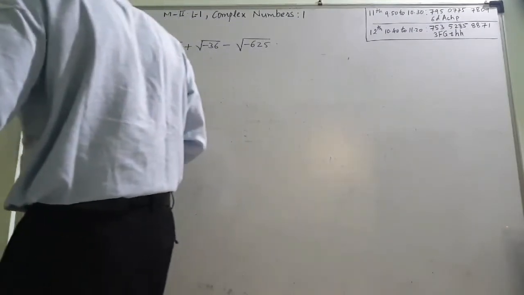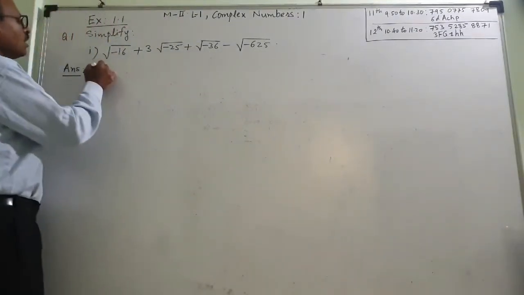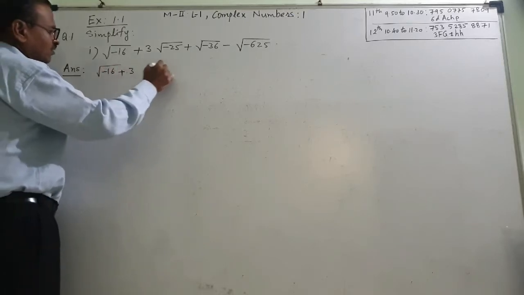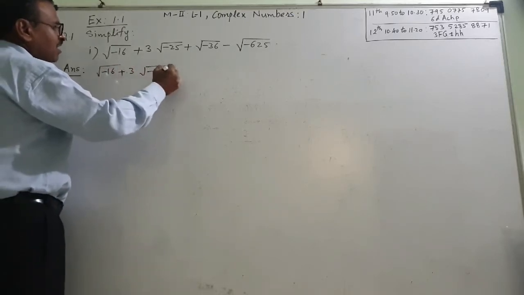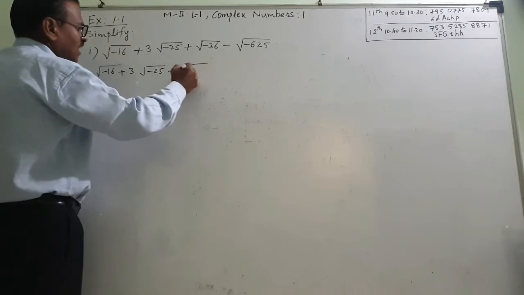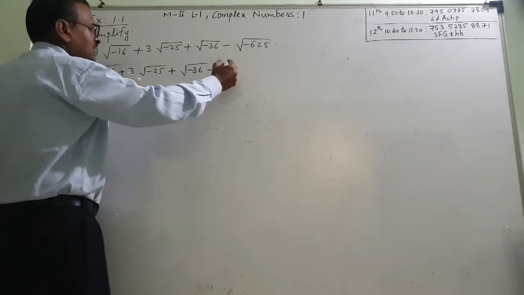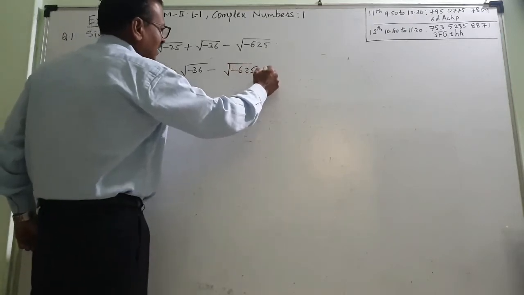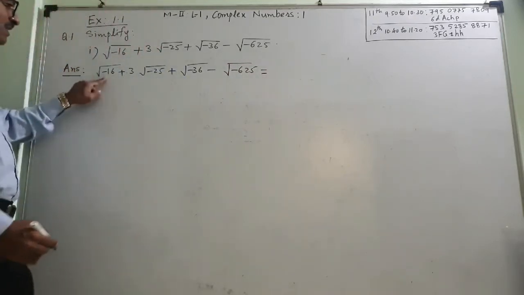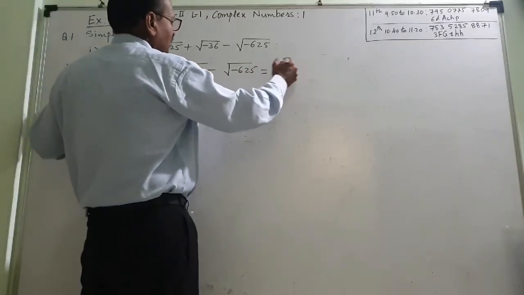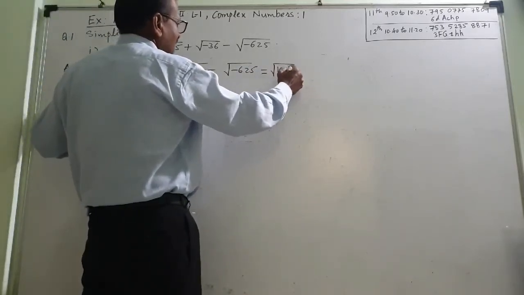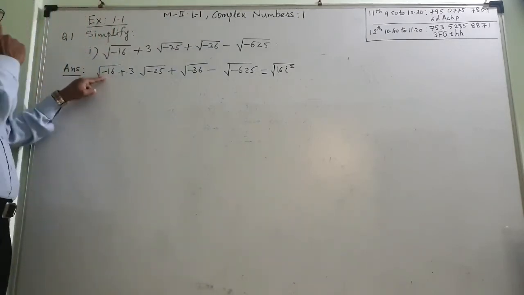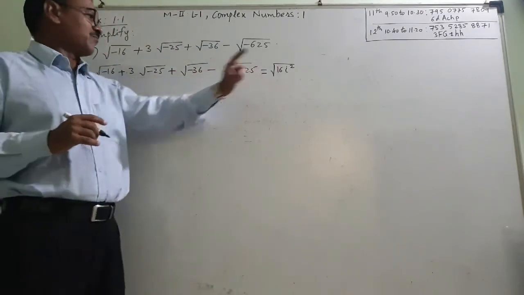So, under root of minus 16 plus 3 under root of minus 25 plus under root of minus 36 minus under root of minus 625 is equal to, this I will write as under root of 16 i square. Why 16 i square? Because this is 16 into minus 1, and minus 1 means i square.